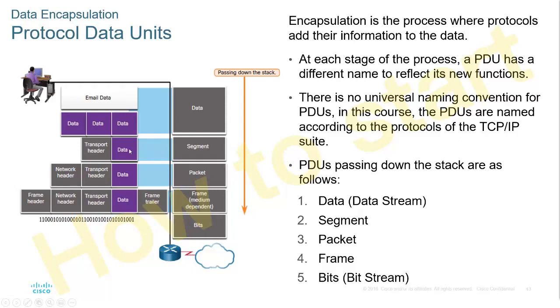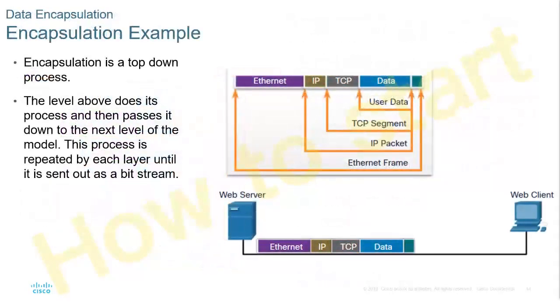The data is put into a segment by adding a transport header. The transport header and data is put into a packet by adding the network header. And then the network header, transport, and data is put into a frame by a frame header, and it ends with the frame trailer. That is what it means by encapsulation.